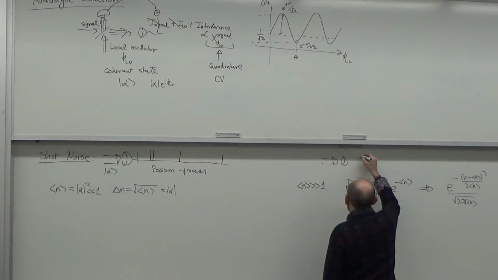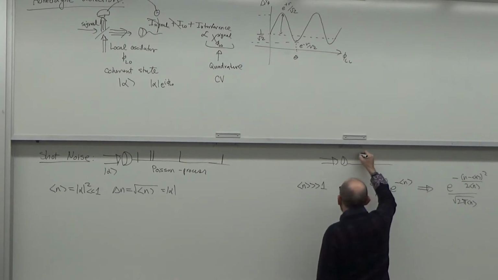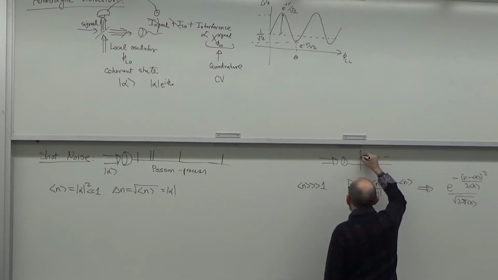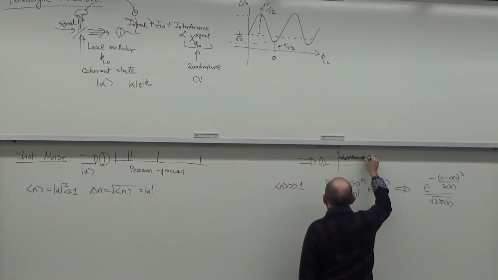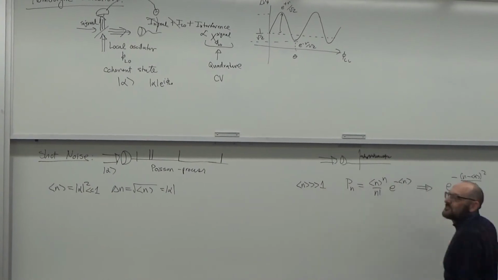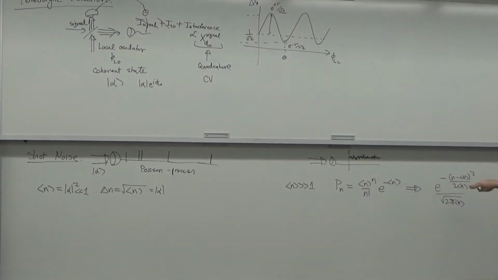instead of these discrete, I would see on the photocurrent some mean, and then there would be noise on top of the mean, right?